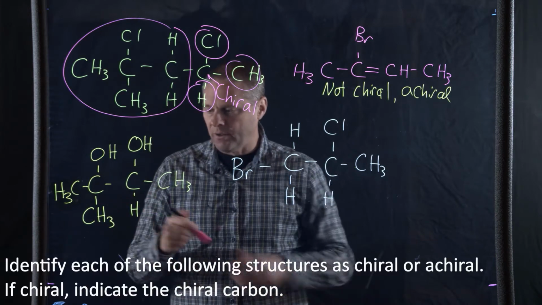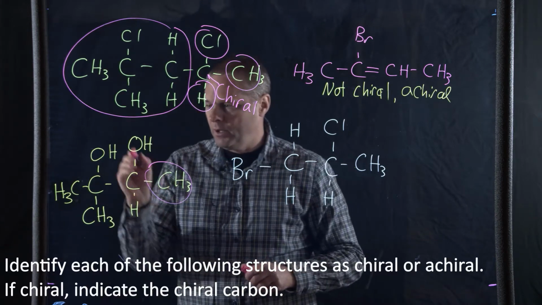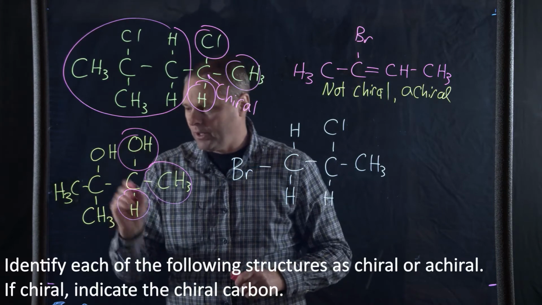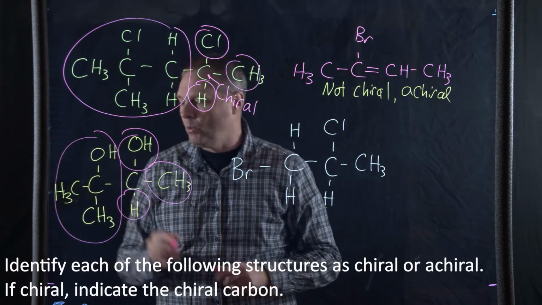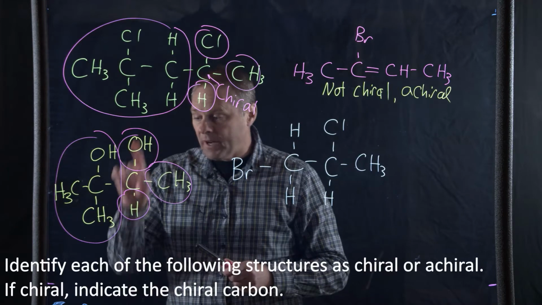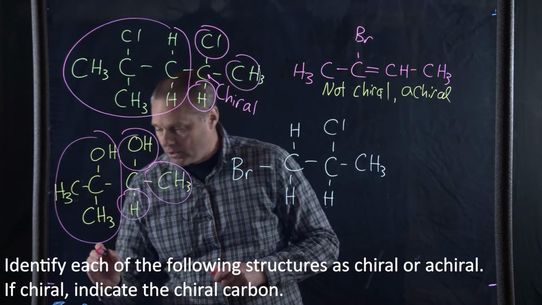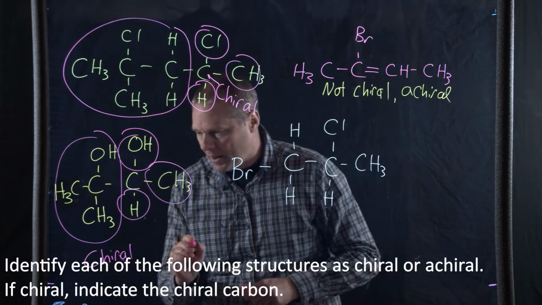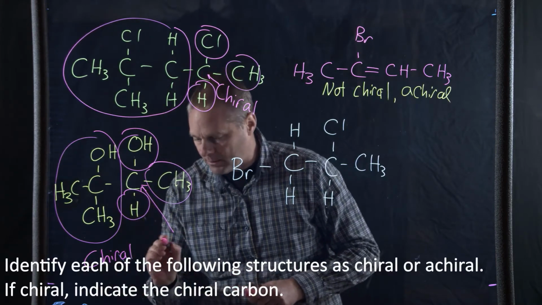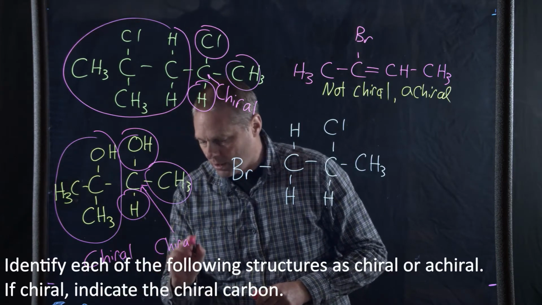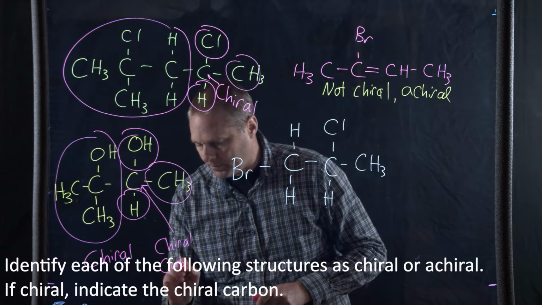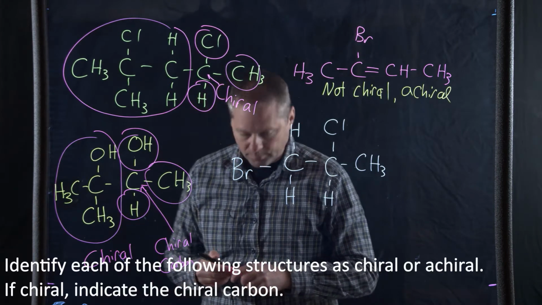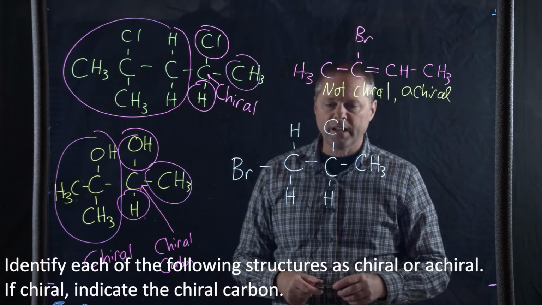This carbon happens to have 1 group, 2 groups, 3 groups, and now this is all 1 group as well too. So this carbon has 4 different groups bonded to it. So the molecule is chiral, and that carbon atom is the chiral carbon. Okay. Let's move on to the next one.